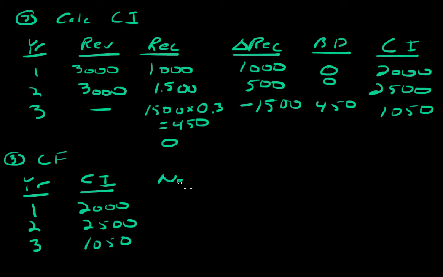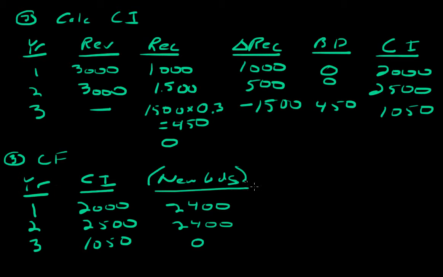Our new goods, and recall that new goods equals cost of goods sold in this situation. So we can also just take that from above, and new goods will be subtracted, of course.